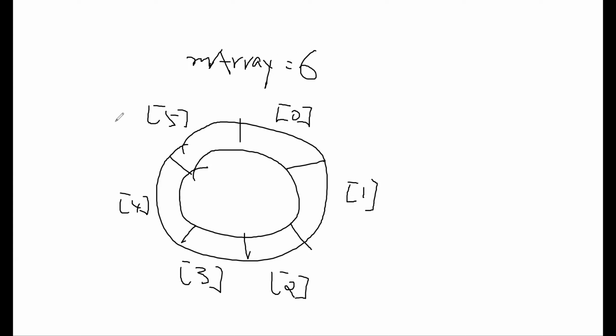So when we implement our queue, we need to know where the front item is. If we view it linearly with the array, because the concept here is a circular array, in this case, this is going to be sub 0, sub 1, and all the way to sub 5.